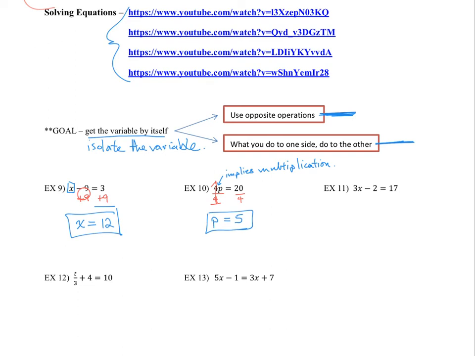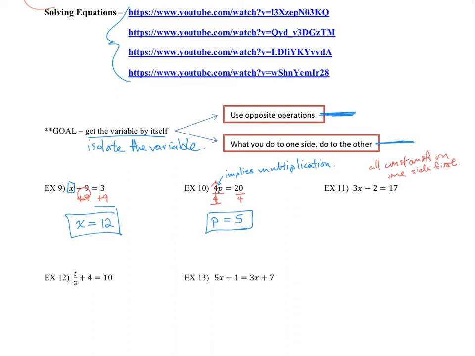So with this next one, number 11, we have to put a little more thought into it. We have to get all constants on one side first.